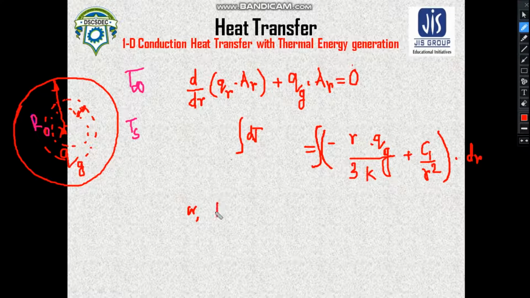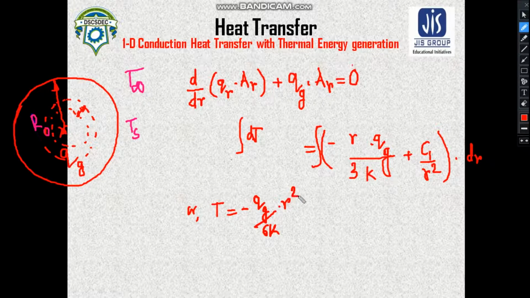Very simple. It will be equal to T, and this one will be equal to minus qg by 6k into r square.